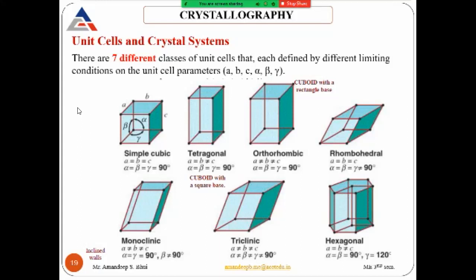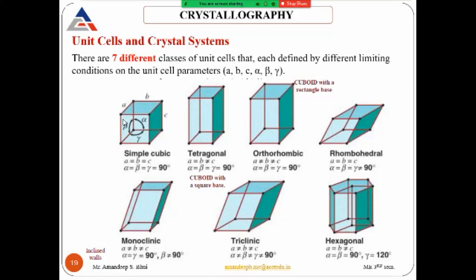Then is your monoclinic shape. In monoclinic shape, all 3 sides are different: a is not equal to b, is not equal to c, but the angles alpha equals gamma equals 90 degrees, while beta is not equal to 90 degrees. This is your monoclinic shape.